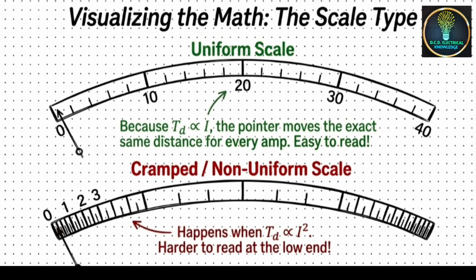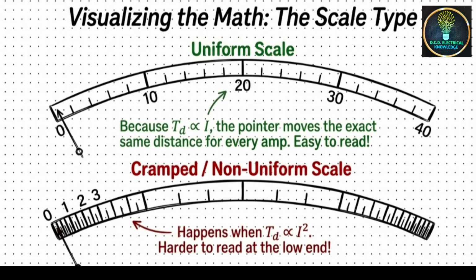Visualizing the math, the scale type. Uniform scale, because TD varies with I. The pointer moves the exact same distance for every ampere, easy to read.